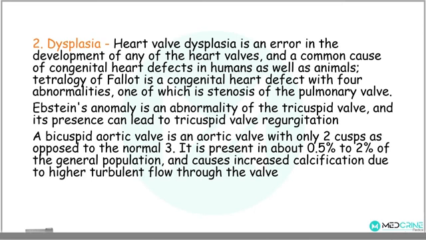A bicuspid aortic valve is an aortic valve with only 2 cusps as opposed to the normal 3 cusps. It is present in about 0.5 to 2% of the general population and causes an increased calcification due to a higher turbulent blood flow to this valve.